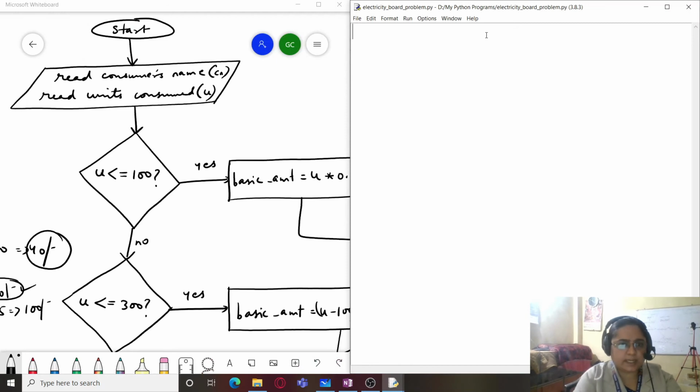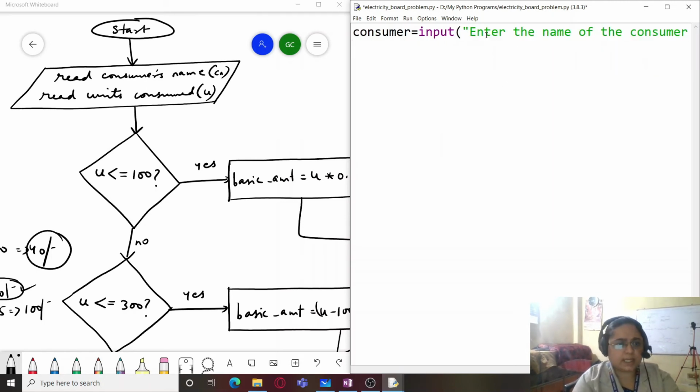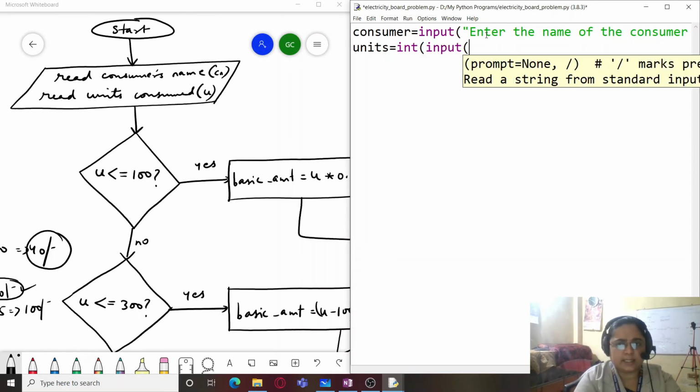So our first statement is to read the name of the consumer. So I am writing consumer equals input, enter the name of the consumer. Next is number of units. So I'm taking units, and units are usually in whole numbers, so I will be taking it as integer.